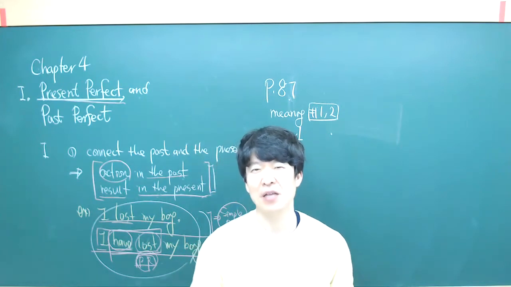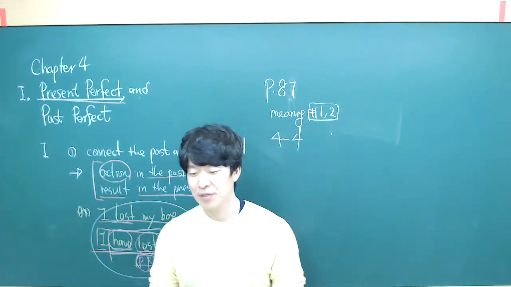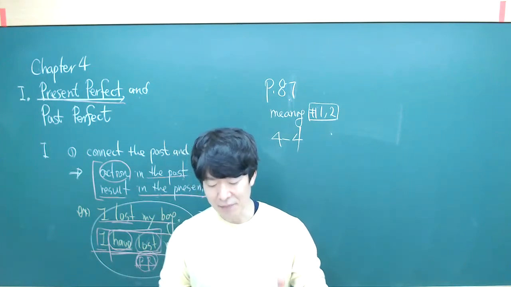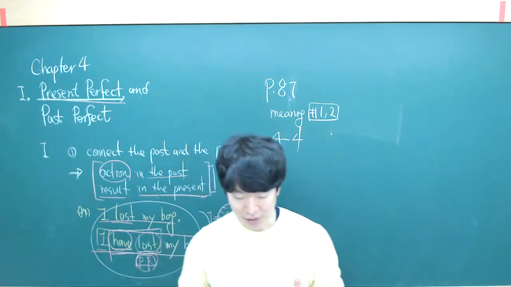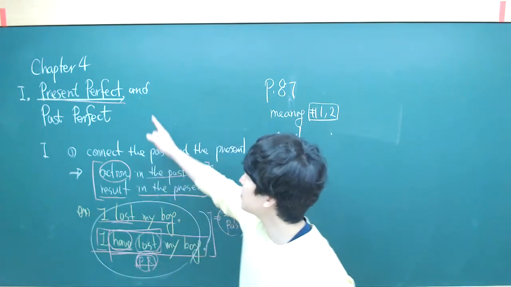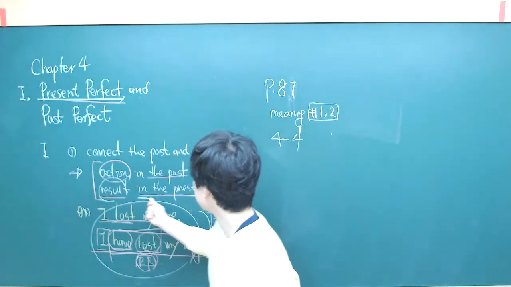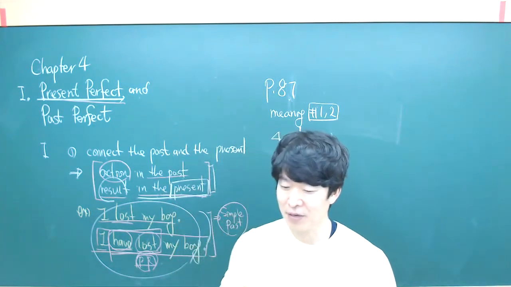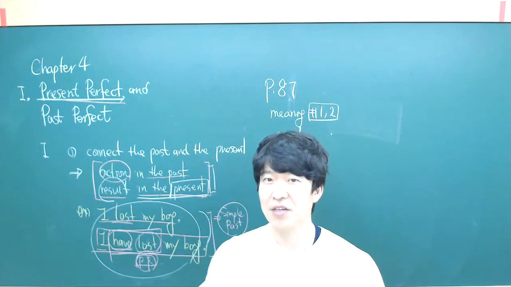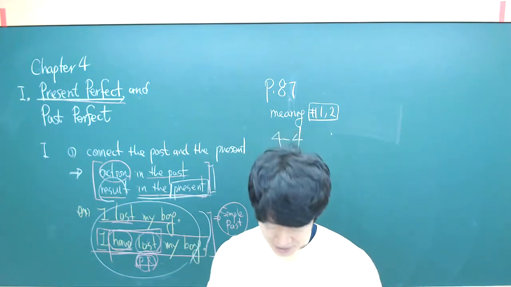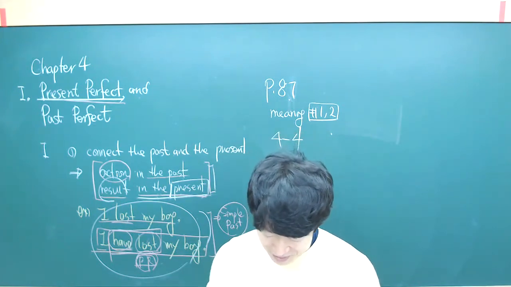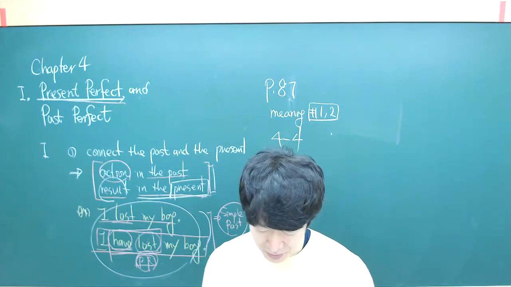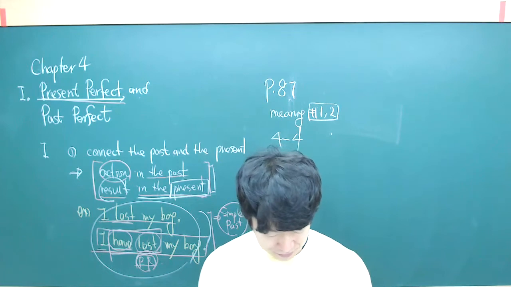Bob has been in Miami for 2 weeks, which means Bob is in Miami now. Present perfect results in the present. So being in Miami is still occurring, which means Bob is now in Miami. Yeah, that's the meaning of present perfect.